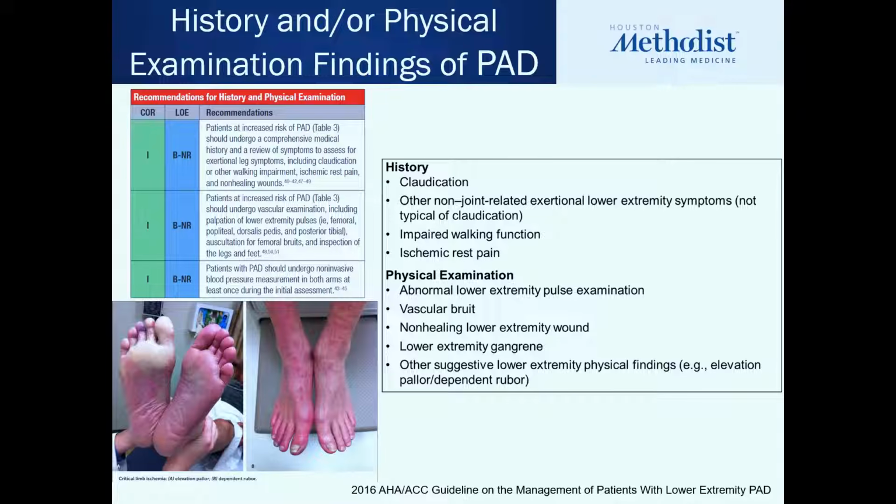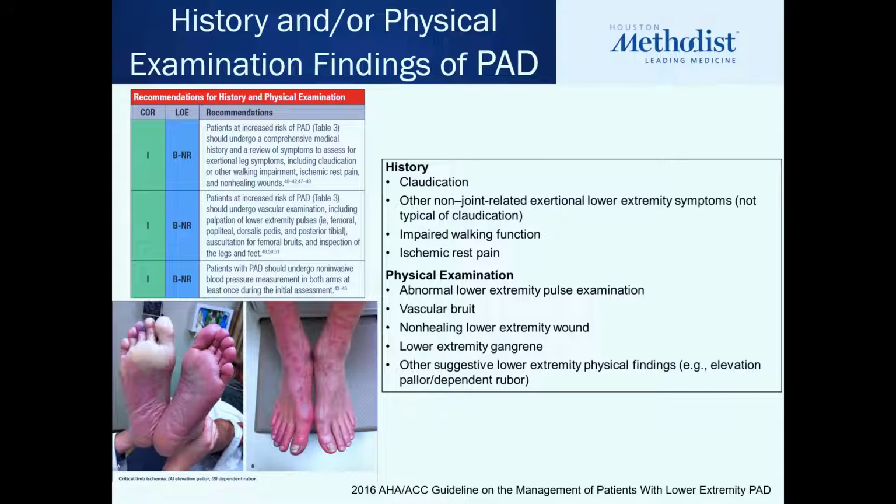And what are we looking for in the physical exam? This is where we have to examine our patients. We can look at their feet, their legs. Do they have hair present? Do they not have hair present? Do I feel pulses? Where are those pulses?